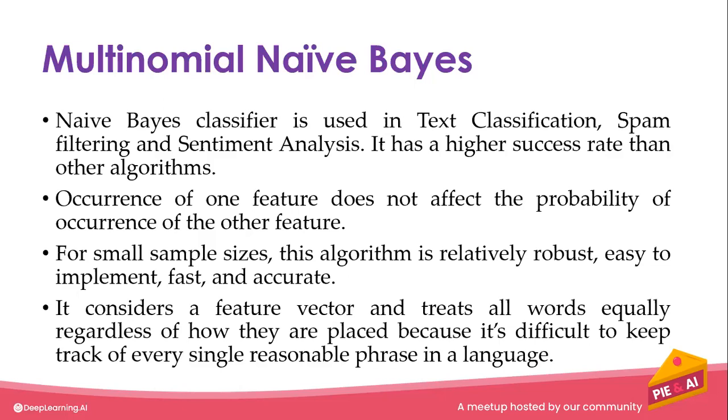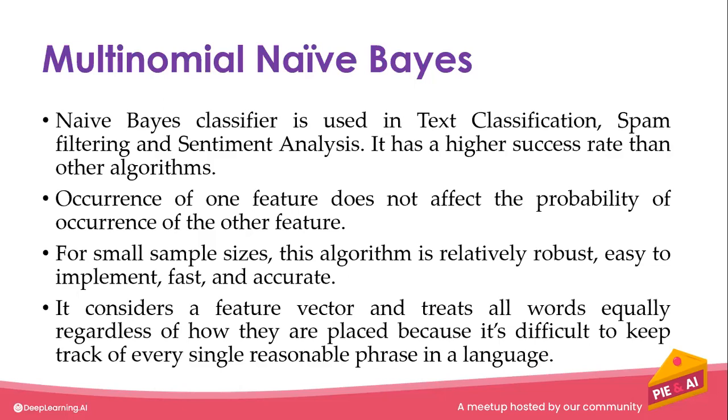So these features are independent of each other, but in reality, this is not always the case. That is why naive Bayes does not perform well for all cases, but for small data sets, it is quite robust. It is also easy to implement. It works really quickly and it is accurate.